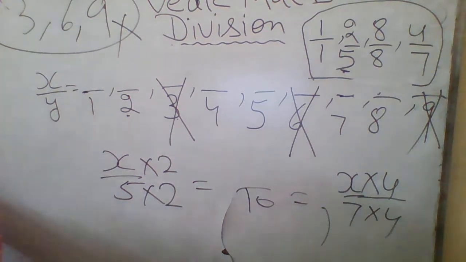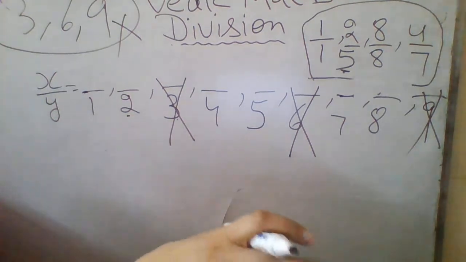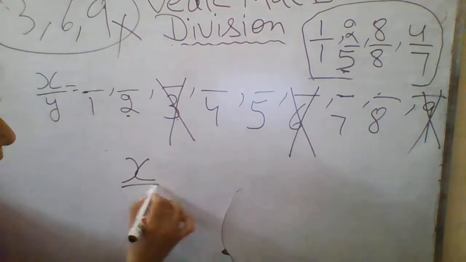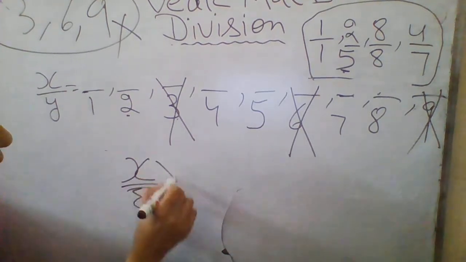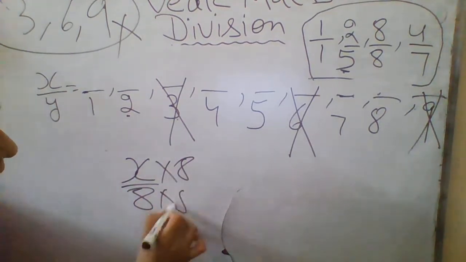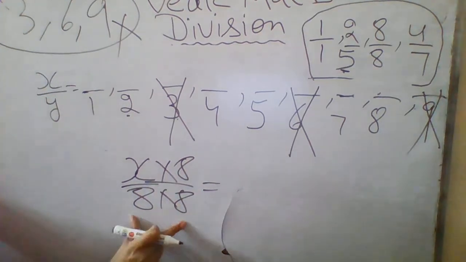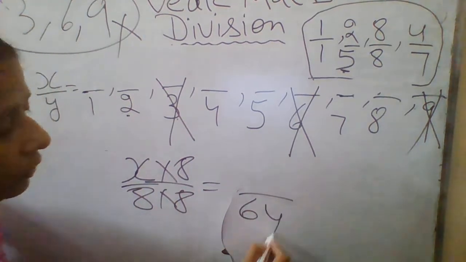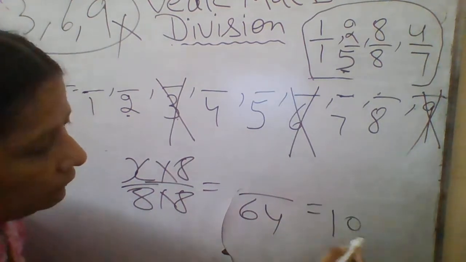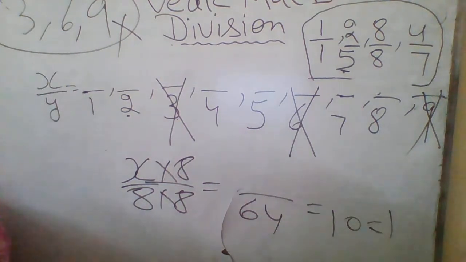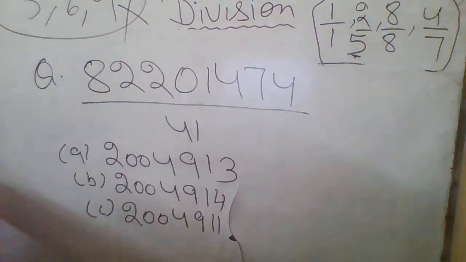Now one more option. x upon 8, if you got 8 in the denominator, you multiply numerator and denominator by 8. Because 8 8s is equal to 64, and 6 plus 4 is equal to 10, which is equal to 1. Like this you have to convert this.